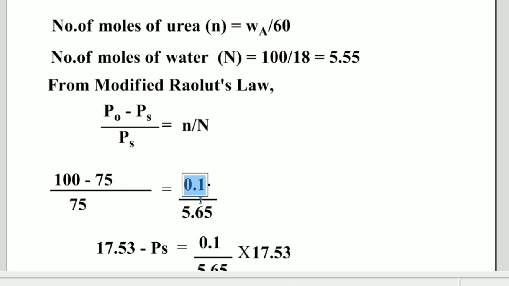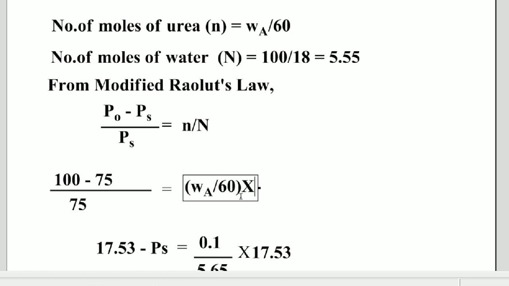Small n is equal to Wa by 60, and capital N is 5.55, because 100 by 18 means 5.55.